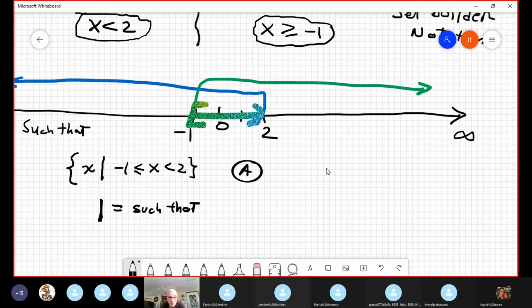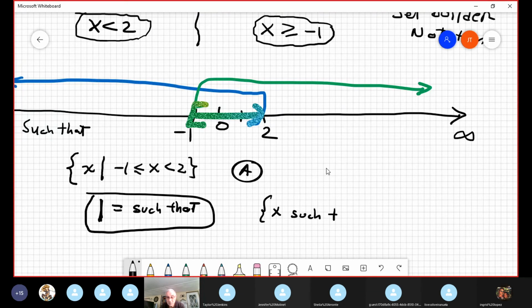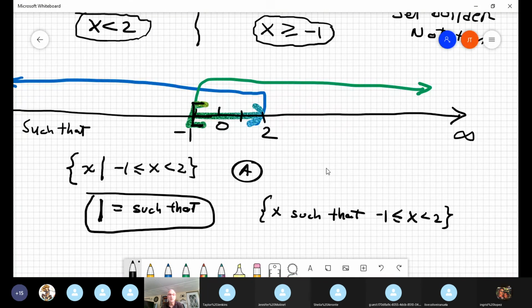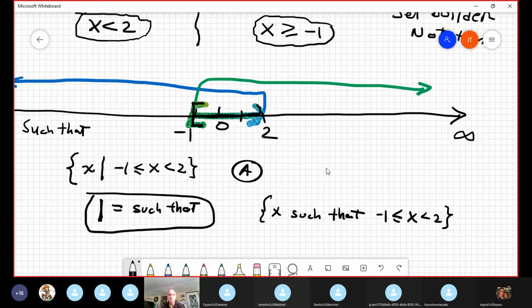You put in English: x such that x satisfies this condition, x in between negative 1 and positive 2. Do not include 2 and include negative 1. And this is our interval.